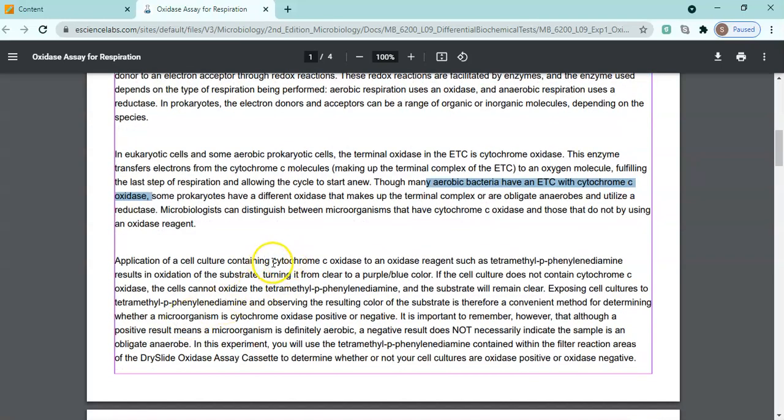Any cell culture that we have that contains the cytochrome C oxidase has a reagent known as tetramethyl-p-phenylenediamine, and the oxidation of this substrate turns it from clear to a purple-blue color. So if the cell culture doesn't have that cytochrome C oxidase, it's not going to oxidize the substrate and it will remain clear.